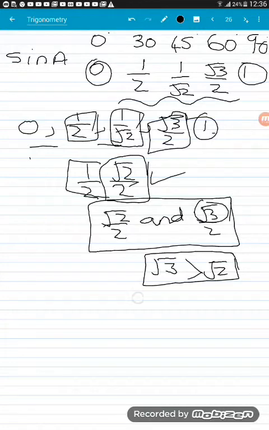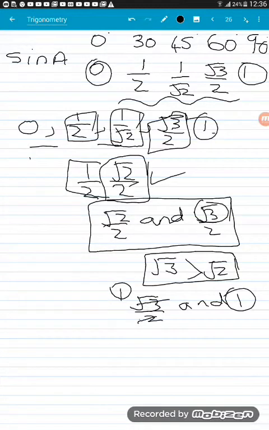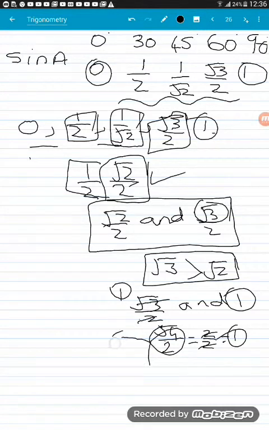And after that, root 3 by 2 and 1. Now root 2 and root 3 will always come less than 1. This one you have to understand. Any value like root 2, root 3 is always less than 1, but if you take root 4, which is 2, then 2 by 2 becomes exactly 1. So the numbers below it will always lie less than 1.